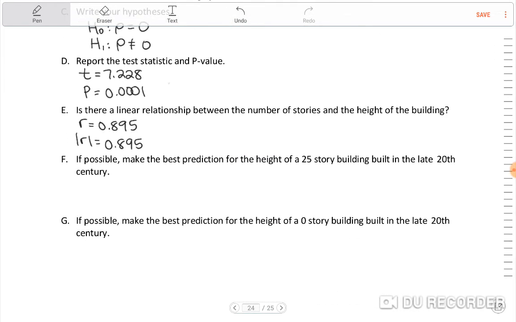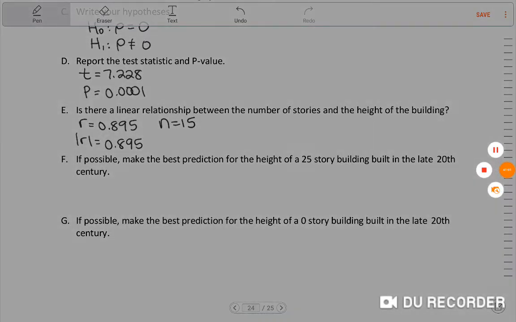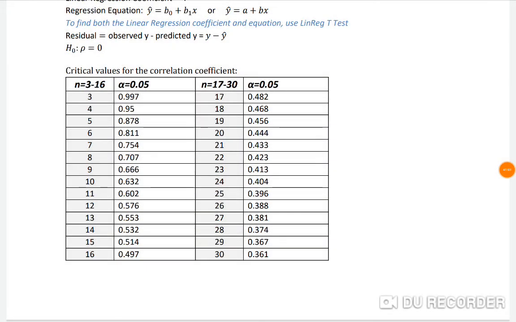Okay, so if N is 15 and we go on our formula sheet, let me see if I can pull that up here. Okay, so here are your critical values where N is 15, and then you look over here and you see 0.514 is your critical value.